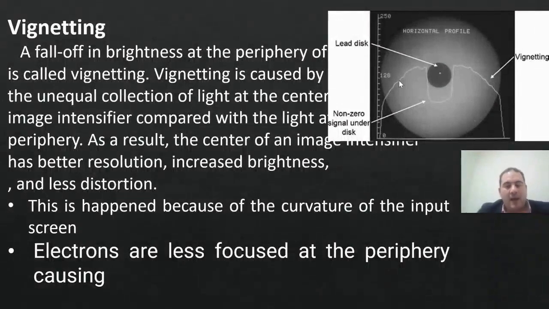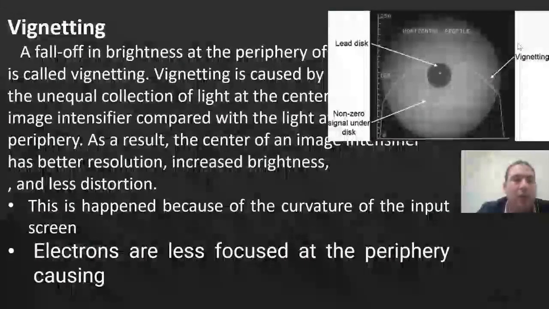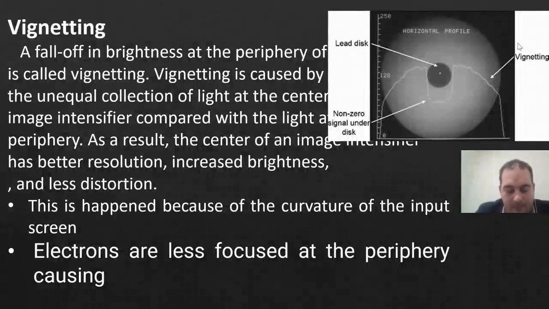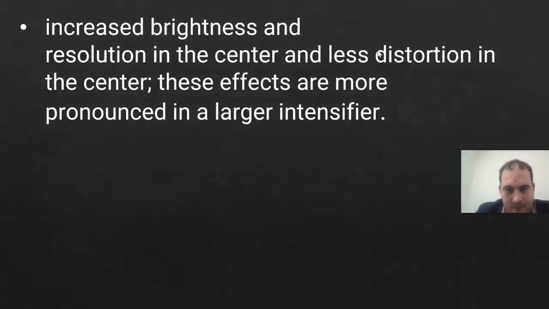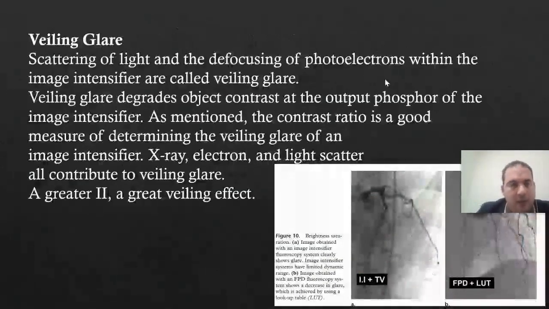But this area should be high because nothing should cause a loss of signal in this periphery area. However, it was found that there is a drop. This drop is due to the fact that the electrons in your field are still focused away from the center, which will cause a loss in the brightness present. All right, doctors? Yes, that's right.